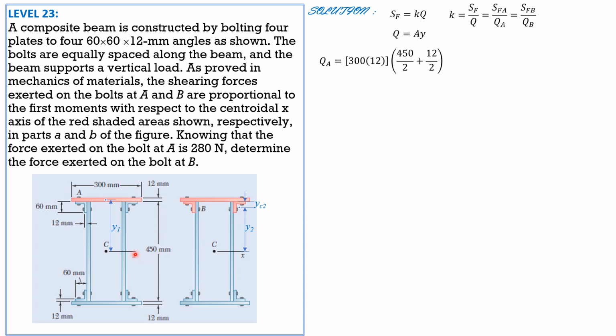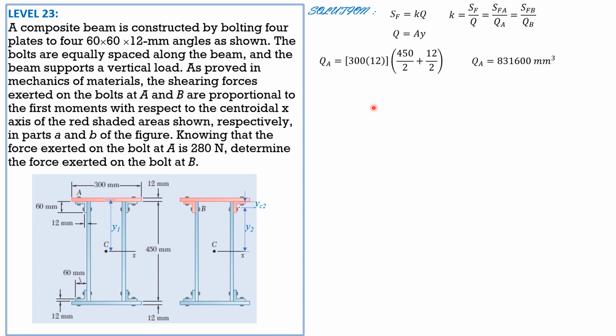So the distance from the centroidal x-axis to the bottom edge of this rectangular plate is half of 450, then plus the location of the centroid of the plate, which is half of 12. So that's the distance of the centroid of this area from the centroidal x-axis. So QA is equal to 831,600 mm squared.